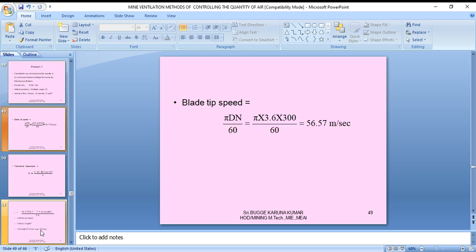Right. First you calculate U, that is pi d n by 60.